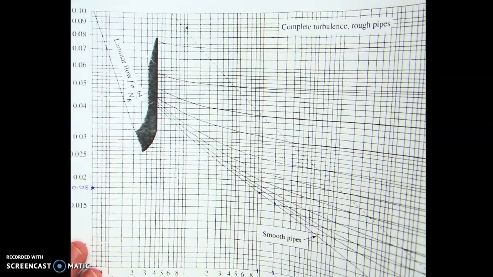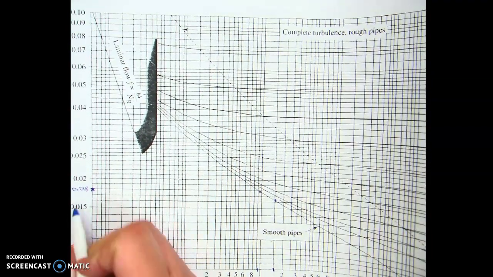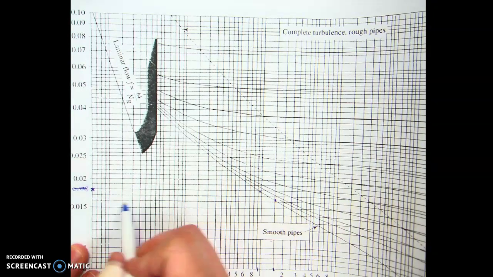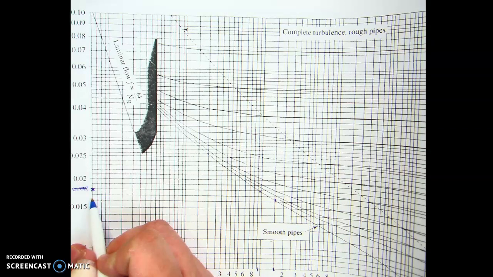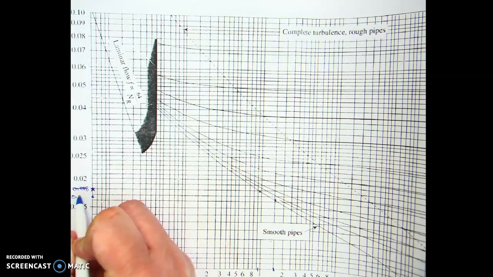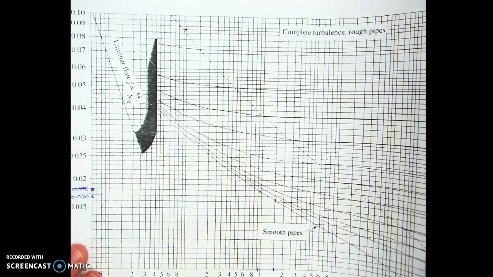So I am going to read across, that's our old one, and I am about here, so I'm going to say that I got in here, that's 0.016, so that's 0.0165, if you can read that one.